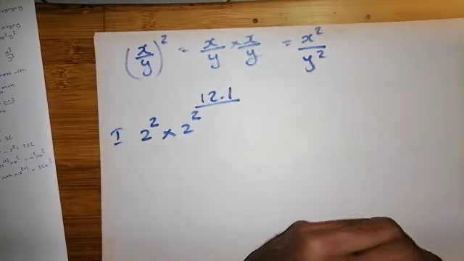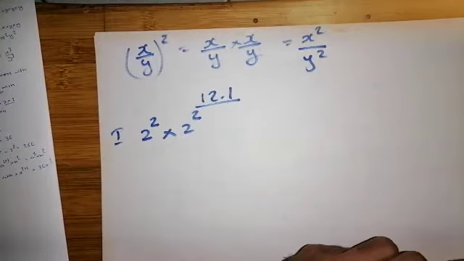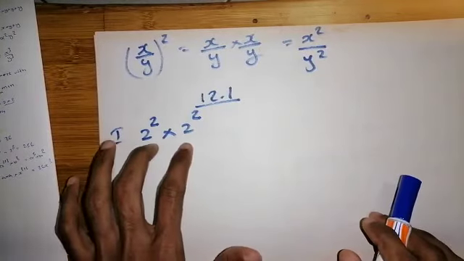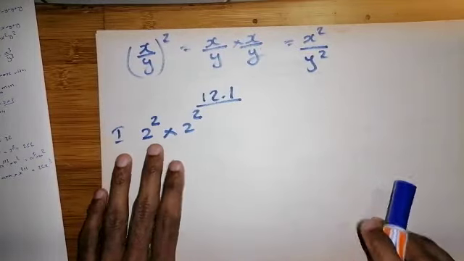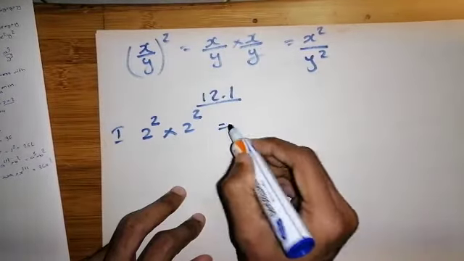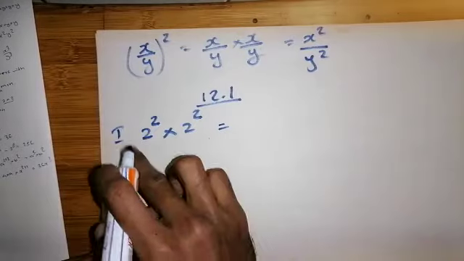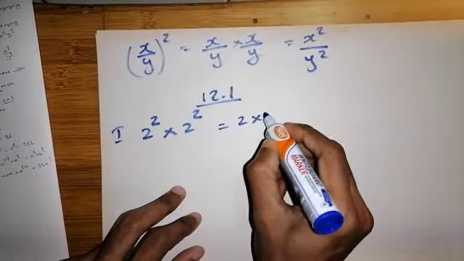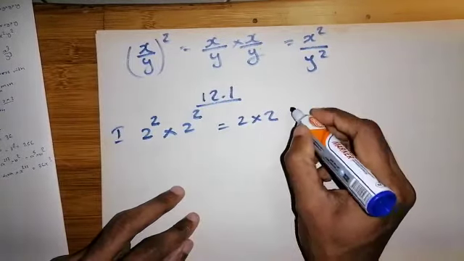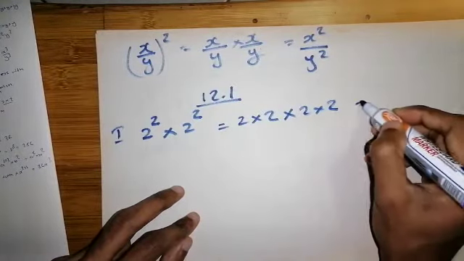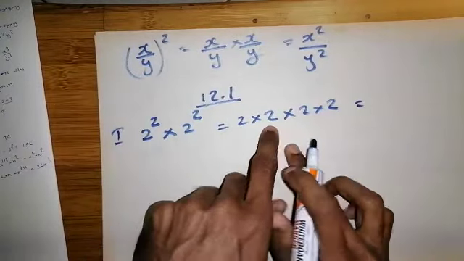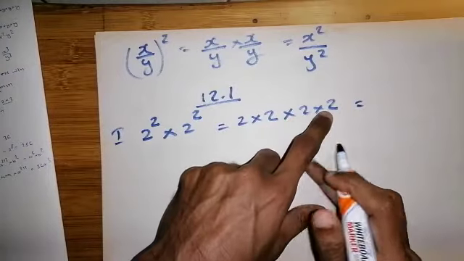If you use the style you studied in grade 8, what is the simplification of 2 squared into 2 squared? In grade 8 we extract it: 2 squared means 2 into 2, and another 2 squared means 2 into 2. So 2 into 2 is 4, 4 into 2 is 8, 8 into 2 is 16.